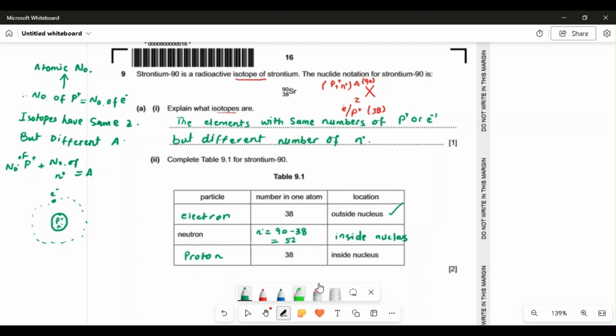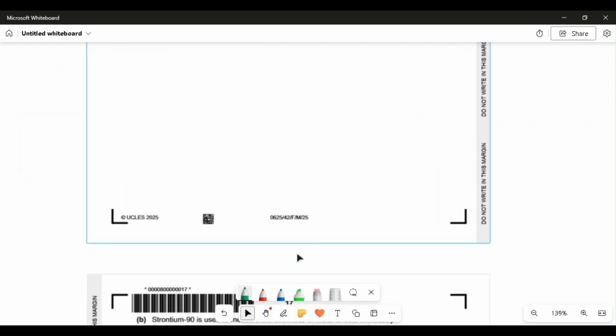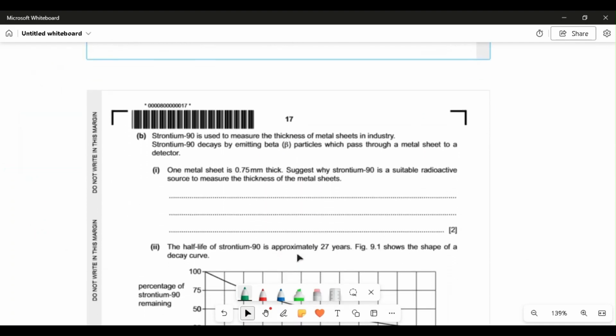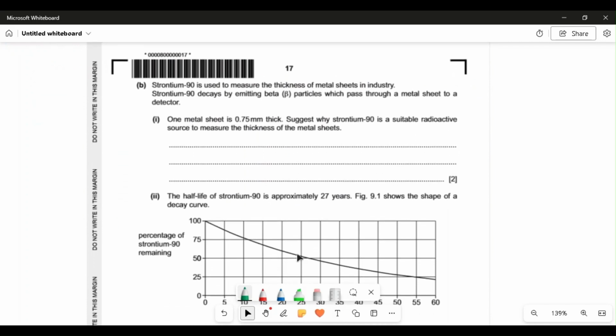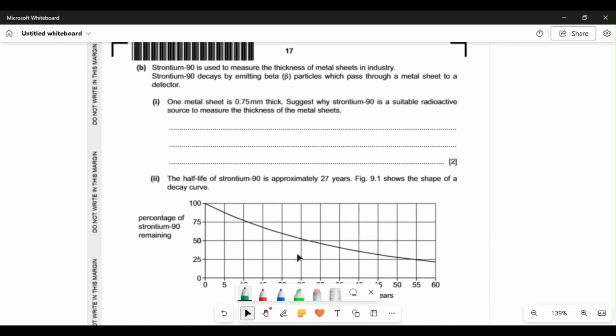So this is 52. Part B. Strontium-90 is used to measure the thickness of metal sheets in industry. Whenever we are trying to measure the thickness of a metal sheet, we use strontium-90. Strontium-90 decays by emitting beta particles which pass through the metal sheet to the detector.